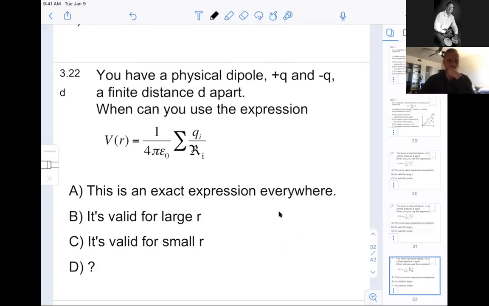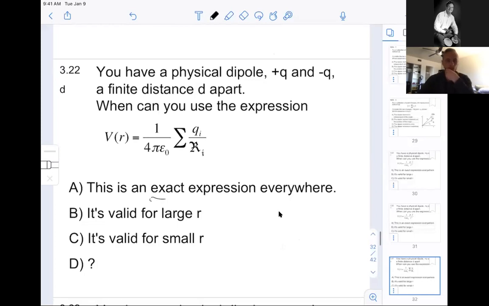Very good. I'm glad that you recognize this expression as something we can always fall back on, the exact expression everywhere, because it simply uses direct integration to calculate your potential. Given any kind of charge distribution, you can always add the charges one by one. If you have a continuous distribution, you do the integral.